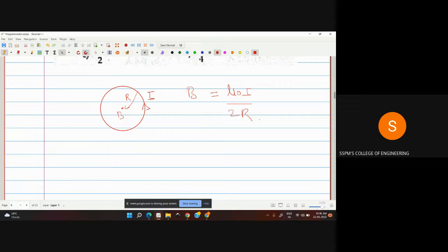Isn't it? Now if you increase the number of turns, then the magnetic flux becomes N into mu 0 I divided by 2R, where N is the number of turns.